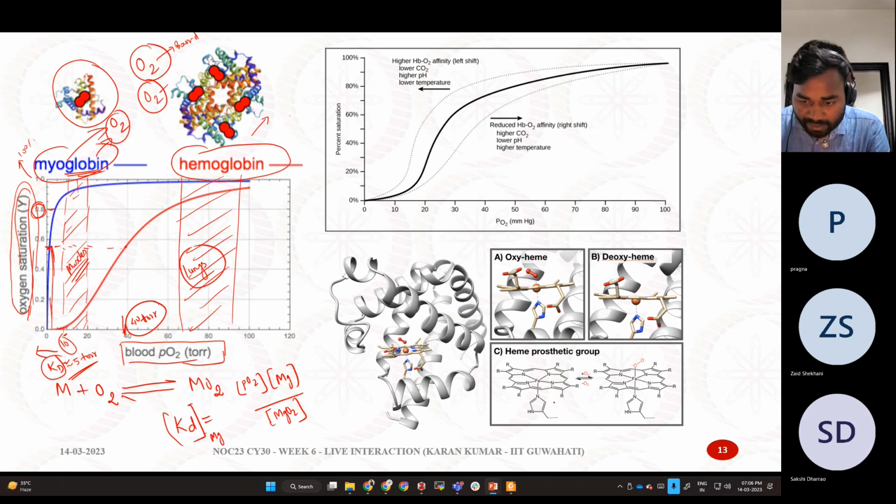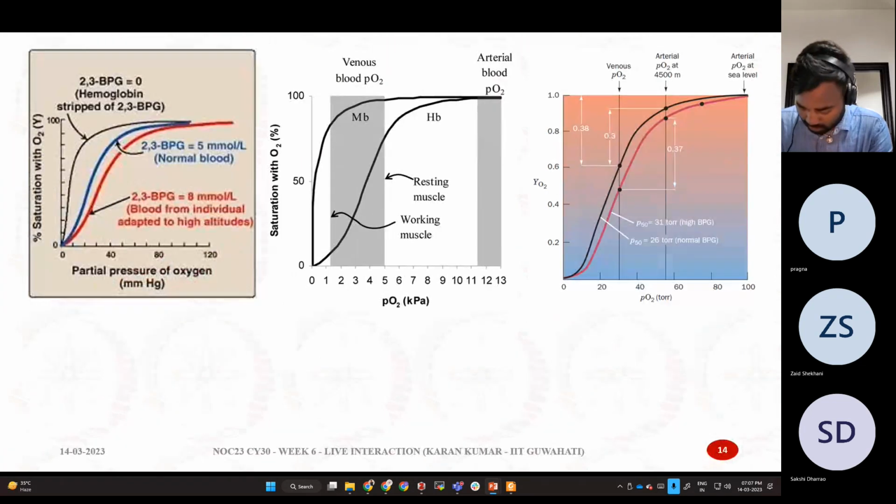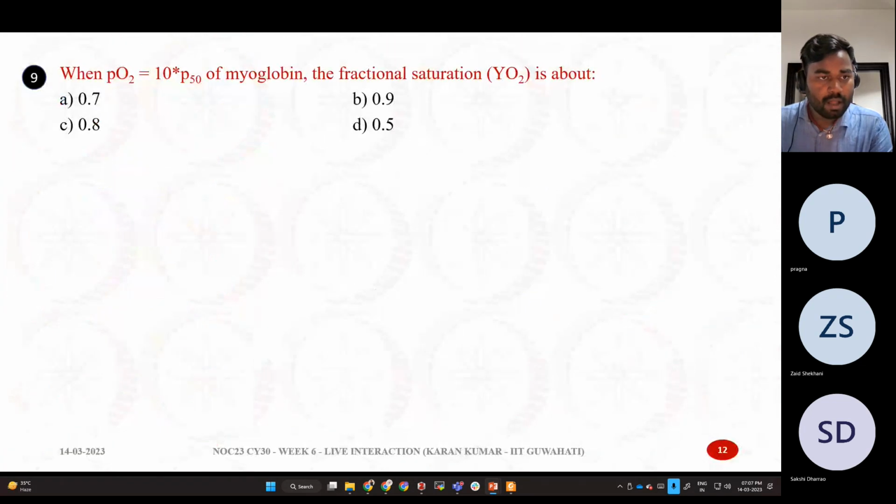And this is supported by a histidine residue. In the deoxy form, it is not bound. However, in the oxy form, this ferrous ion will be coordinating with the bound oxygen. So this is the deoxyheme and this is the oxyheme.